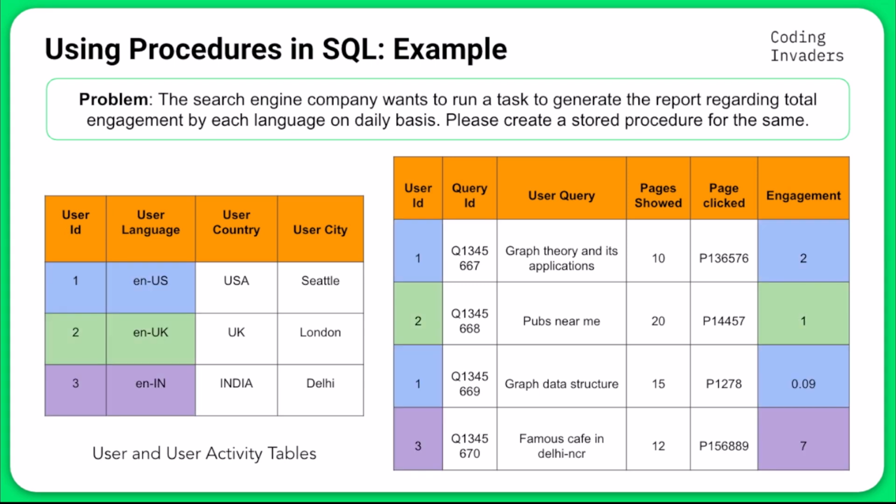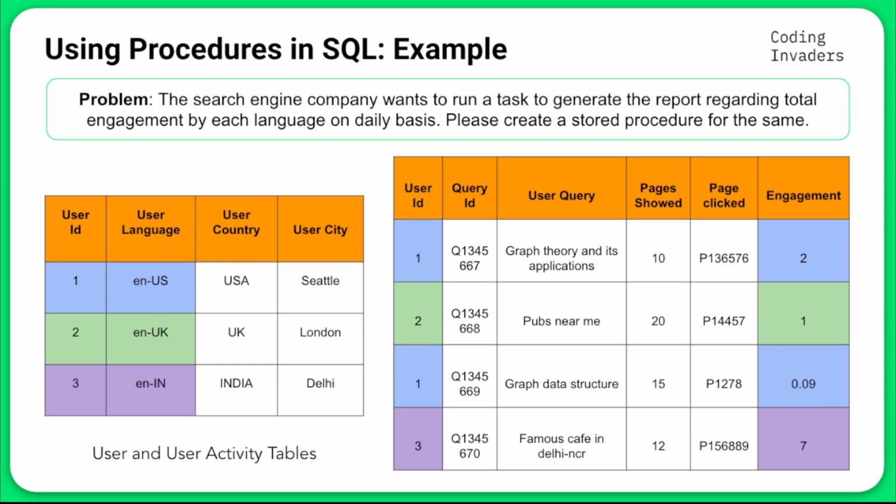For US, we have engagements of 2 and 0.09, so the total will be 2.09 for user language US. For UK user language, we have only one engagement, so the total engagement value will be 1. For user language IN, India, the total engagement will be 7.